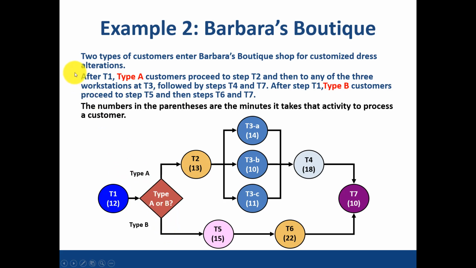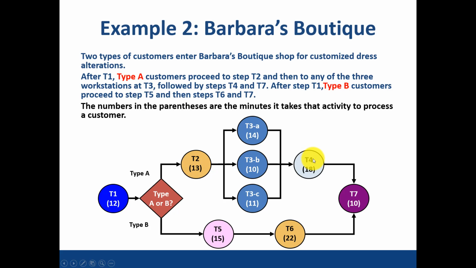So here's the description of the exercise. 2 types of customers enter Barbara's Boutique shop for customized dress alterations. After T1, which is the first step, type A, so that means this type of customer, proceeds to step 2 or T2. And then it can go to any of these stations, whatever is available.